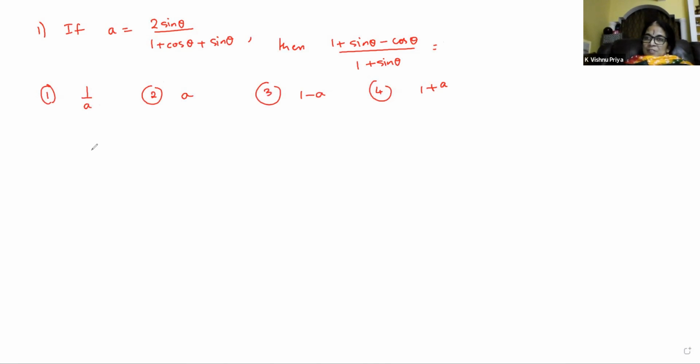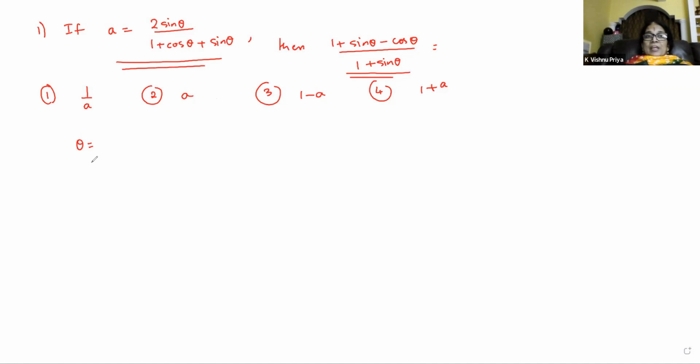So this kind of sums also are of a particular pattern. In such kind of problems, you will be given something and you have to find the other thing. In such cases, the shortcut method is, for theta, you can take any convenient angle.